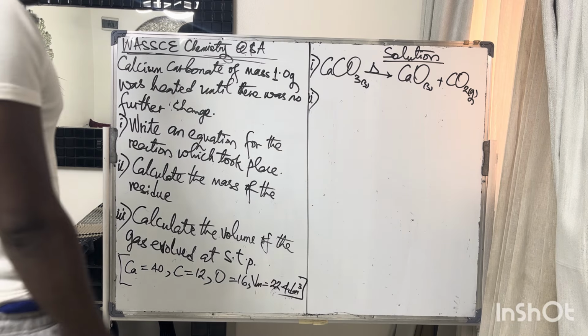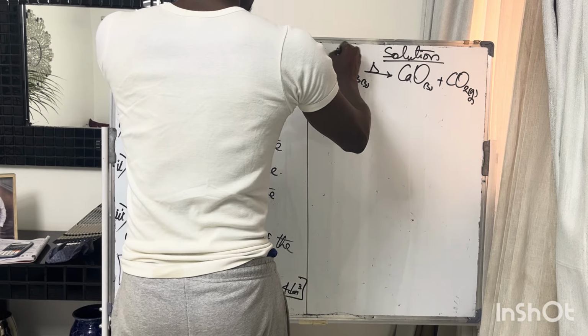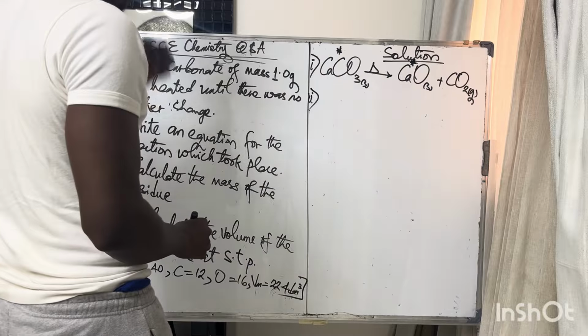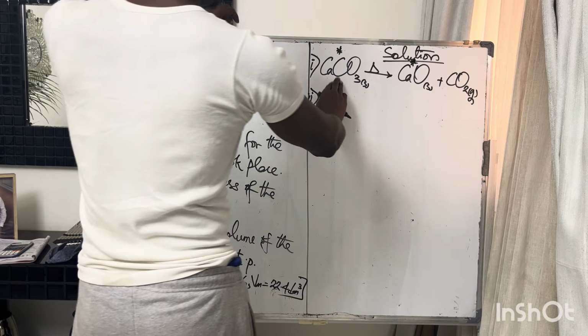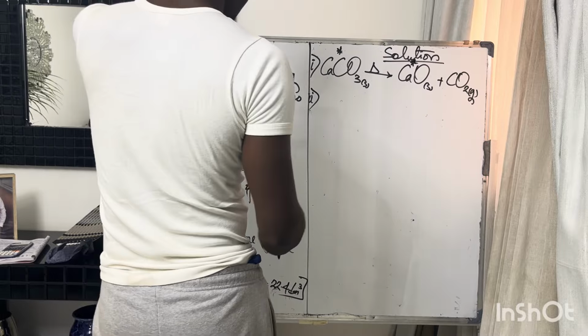Here, we'll be comparing the mass of calcium carbonate and the residue, which is calcium oxide. So we have to get the molar mass of each.